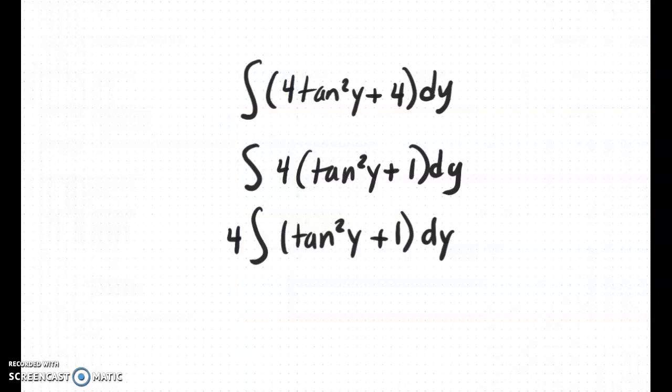There are a lot of places that you can find trig identities. You can just do a Google search for trig identities, and you'll find something that might look like this. Let me bring it to the page here.